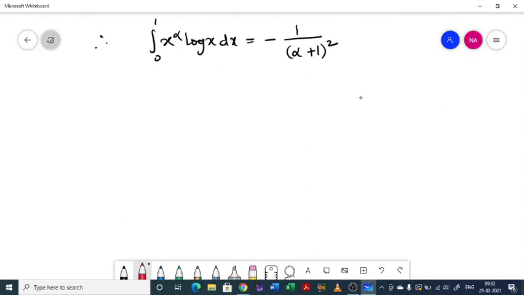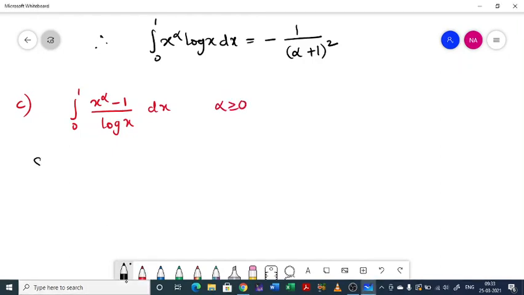Next, C. Evaluate integral 0 to 1 x power alpha minus 1 divided by log x dx, where alpha is non-negative. Solution. So the given integral itself will be taken as phi of alpha here.